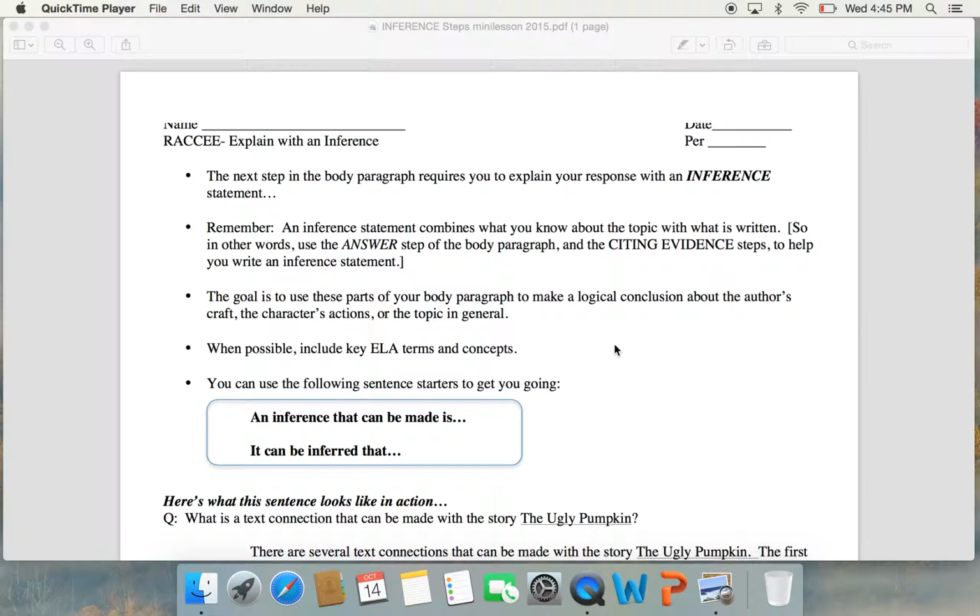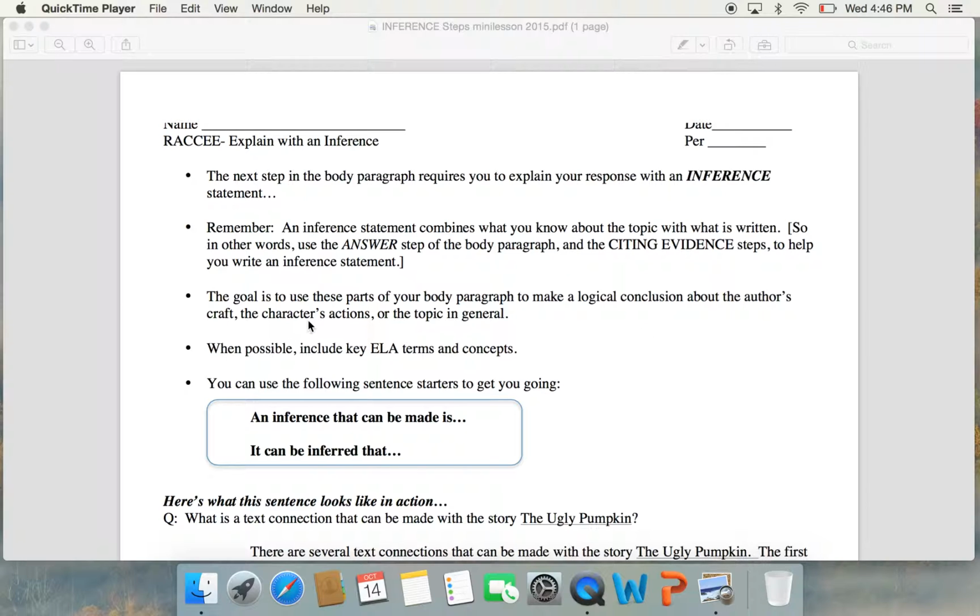For my example, my author's craft was the ability that the author gave me to make a lot of text connections with the story. The author wrote that Ugly Pumpkin book in such a way that he was hoping that there would be connections made, world connections, self-connections. That was a craft.